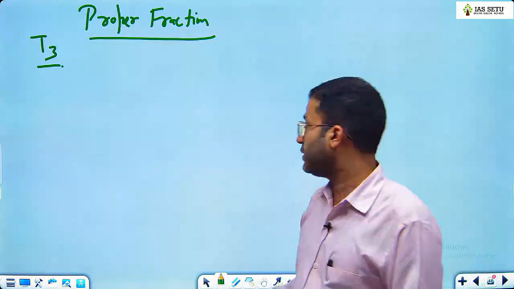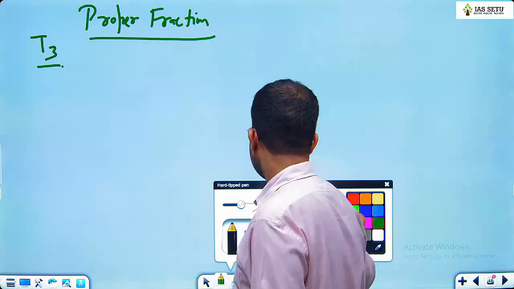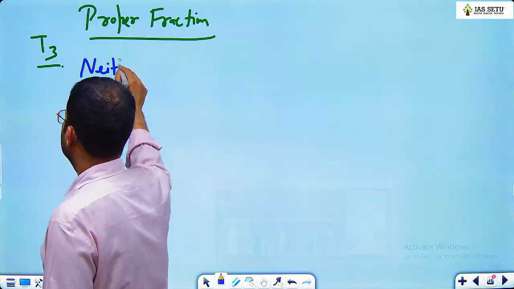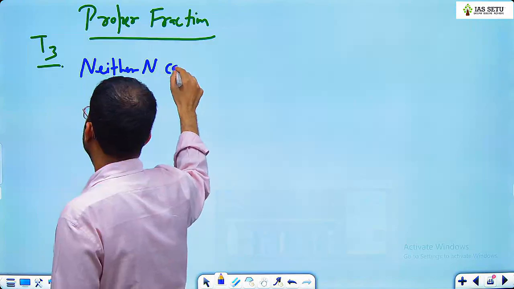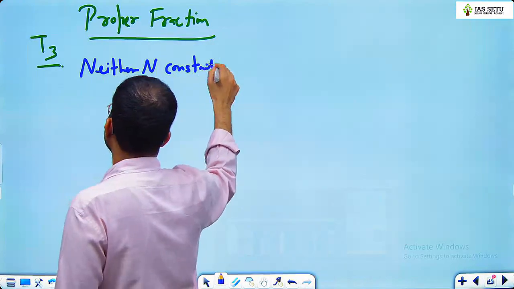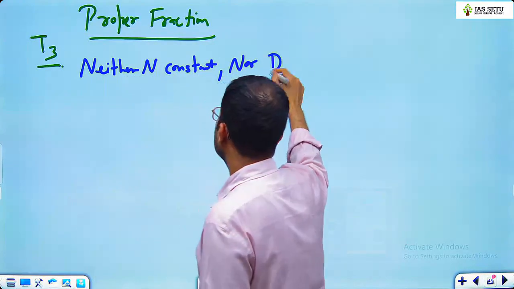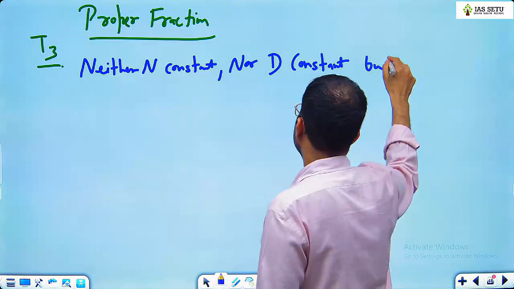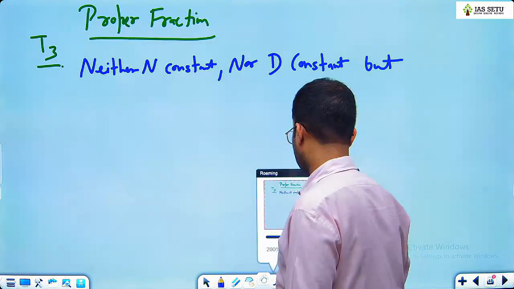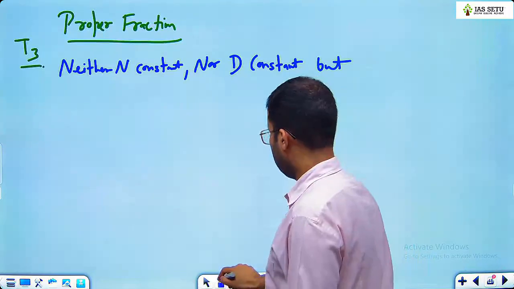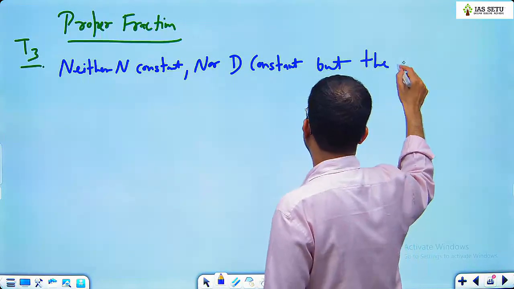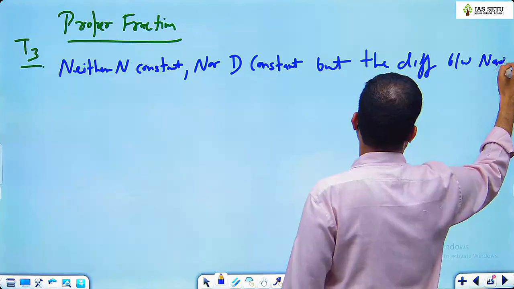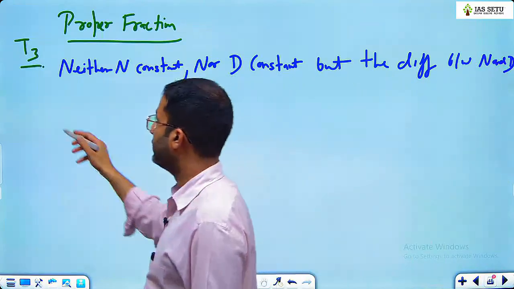What is type 3? You write: neither numerator constant nor denominator constant, but the difference between numerator and denominator is constant.